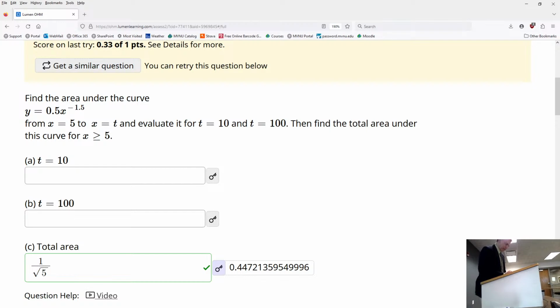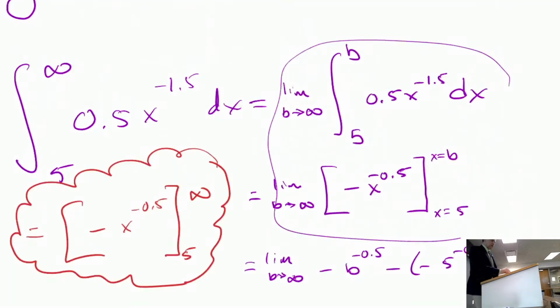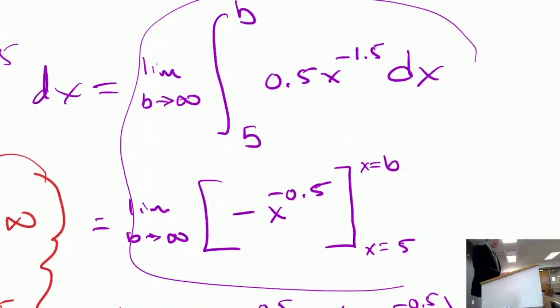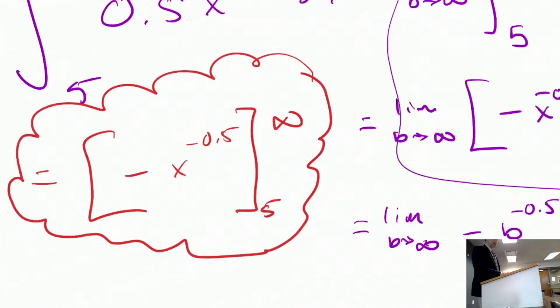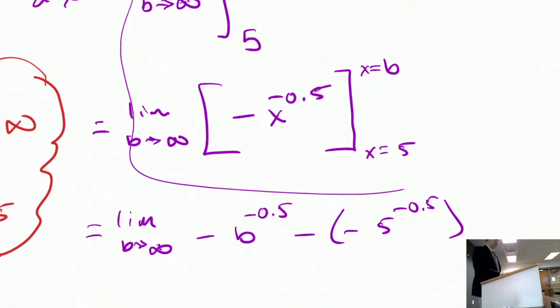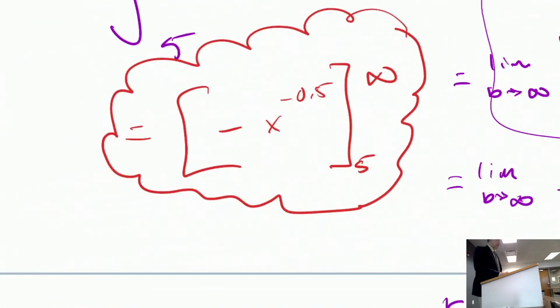I'll put this in a little thought bubble. So if instead of doing this over here, you did this over here, notice the difference in notation, left and right. There's the correct way. That's the incorrect way.